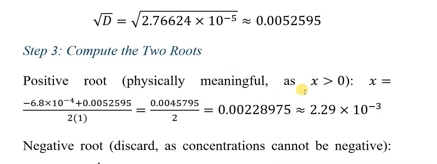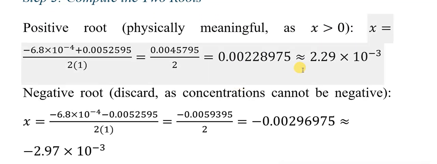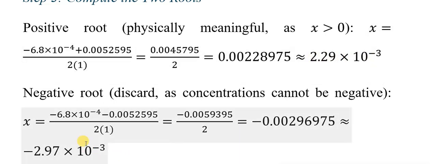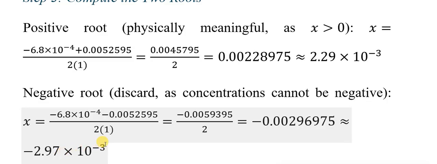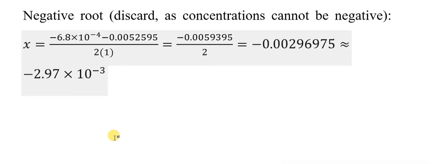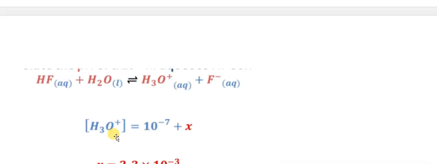That is, x is equal to 2.23 times 10 to the power minus 3, and x is equal to minus 2.93 times 10 to the power minus 3. We know that in a quadratic equation usually two values are calculated. The positive value is used, and the negative value cannot be considered and is discarded. The negative root is not accepted.